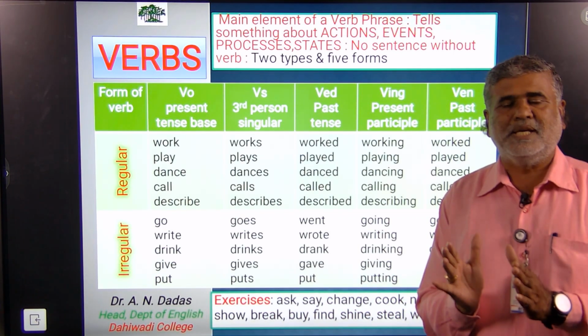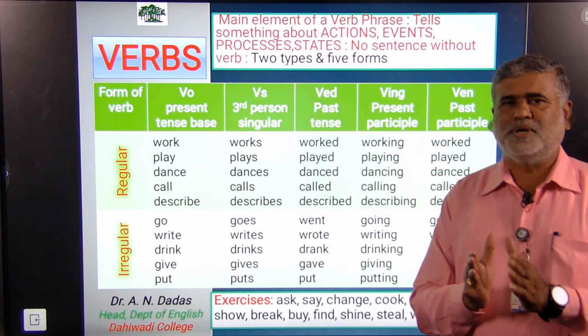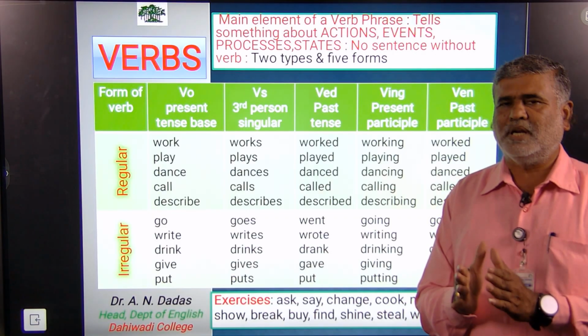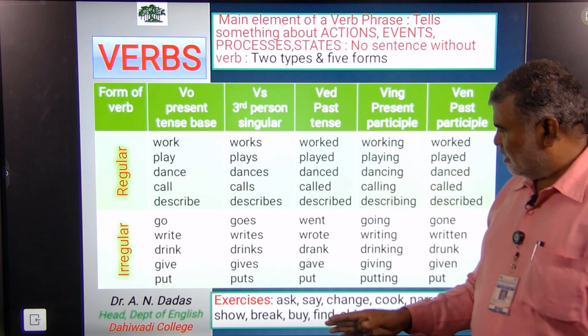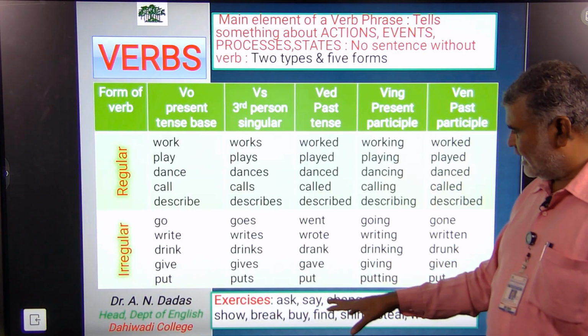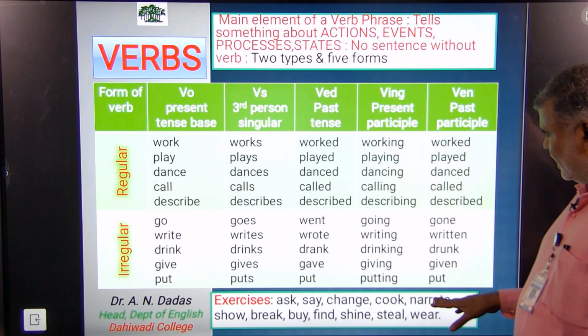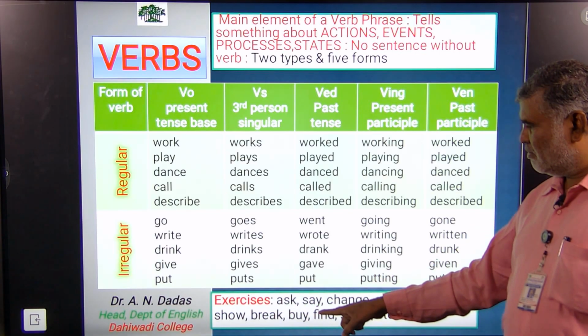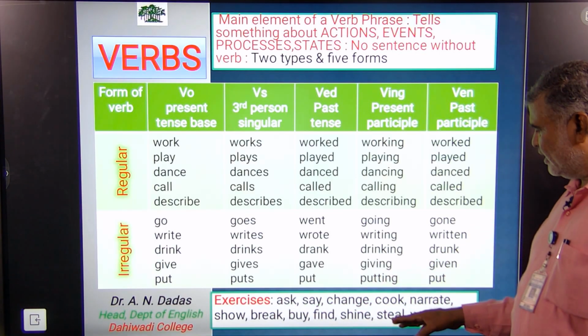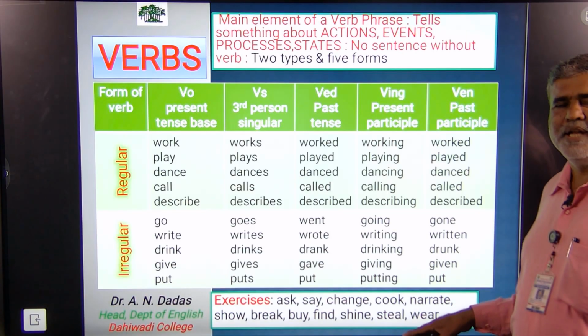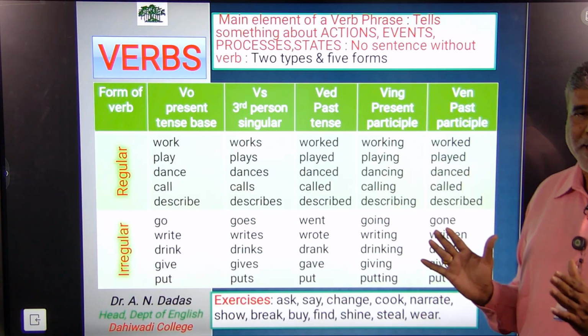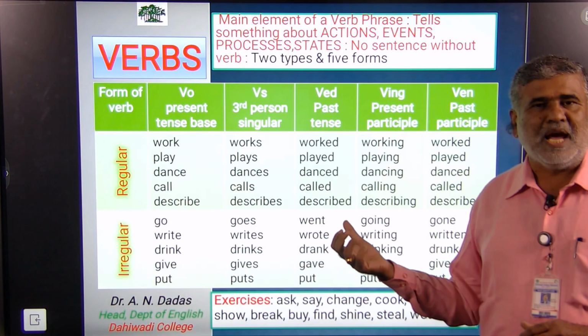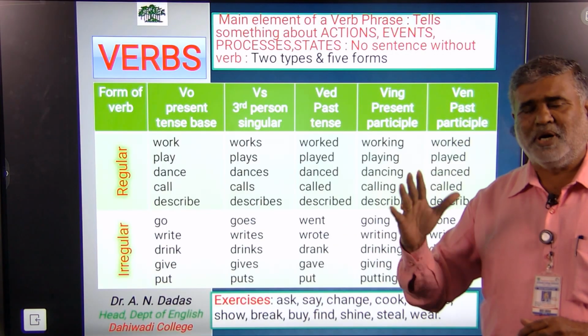For example, ask, say, change, cook, narrate, show, break, buy, find, shine, steal, and wear, and many more. Many more. Why? Because it is open class and you can add many verbs.